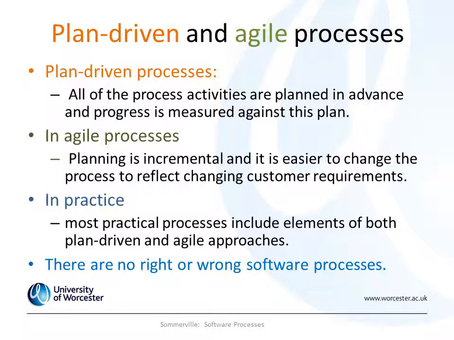It's often used for new versions of an existing product or porting an existing product to a new platform. The MOD used to use plan-driven. I don't know whether they still do, but it was one of the things that they had to use. They knew their requirements. Everything was absolutely regimented.